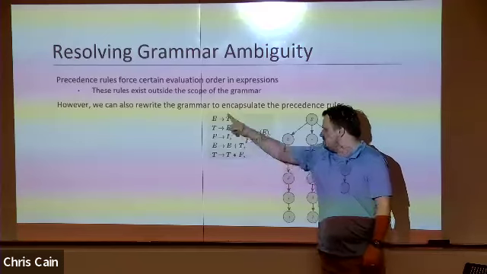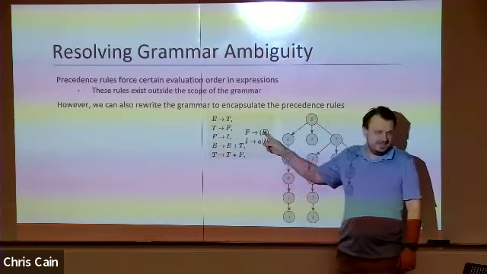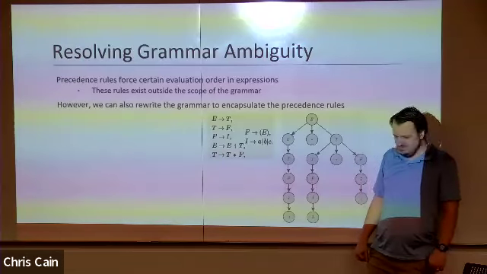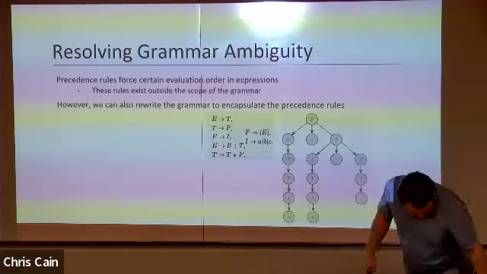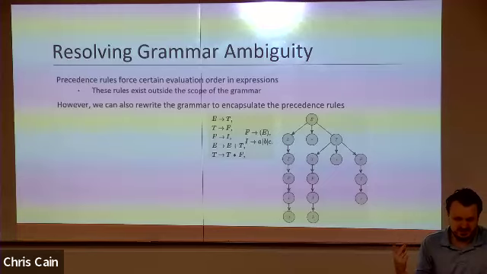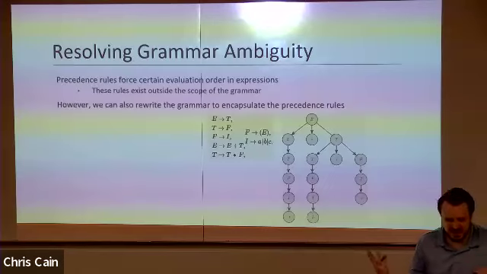Because you have to get all the way to an F to be able to do it. So the E, T, and F stand for expression, term, and factor, which are mathematical terms for exactly this.